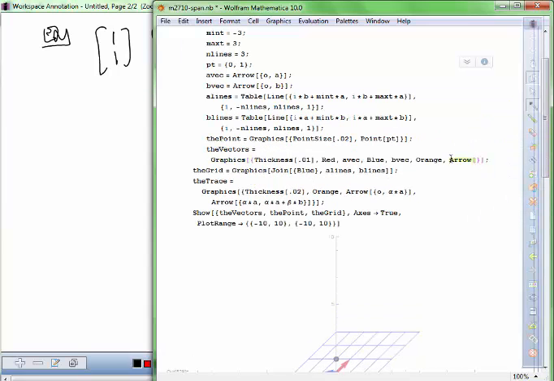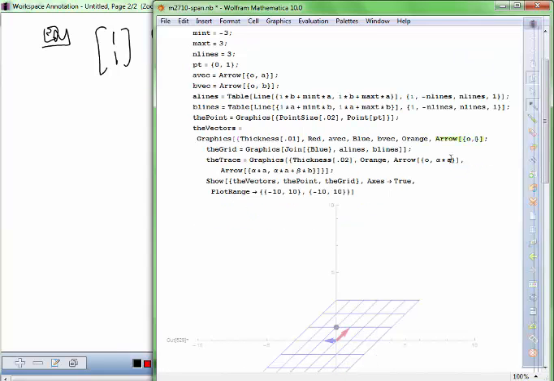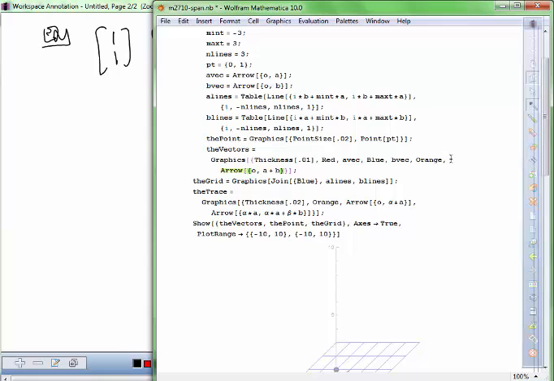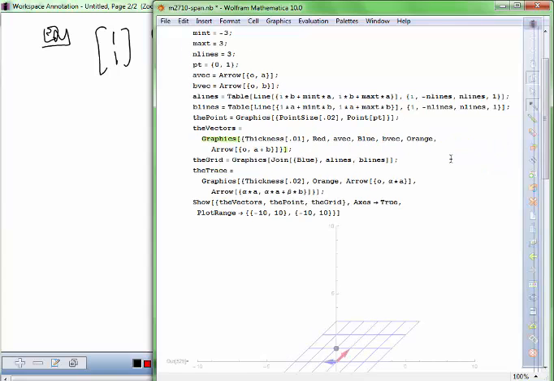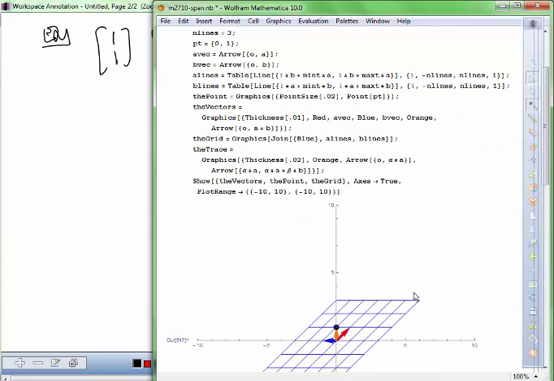So I would go from the origin to A plus B. I mean, I see that. But I mean, from 1, 1 to negative 1, 0. Exactly. Okay.